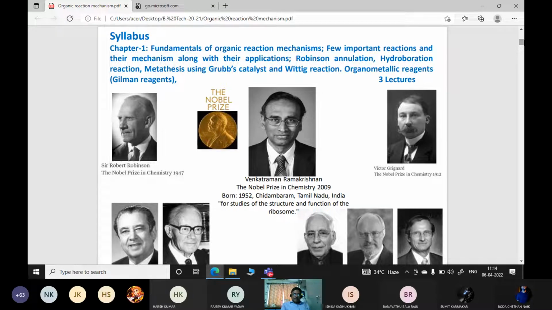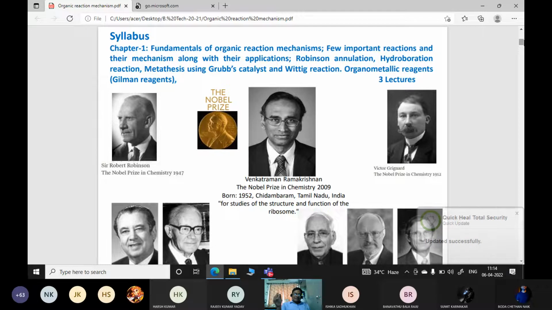Now I will tell you about the mechanism. Mechanism is the subject of organic chemistry or inorganic chemistry. When any reaction proceeds from reactant to product, it might go through a single step or a two step, three step or multi step process.